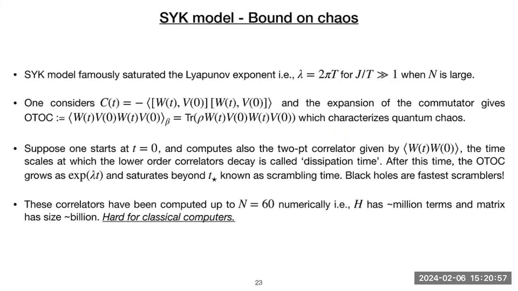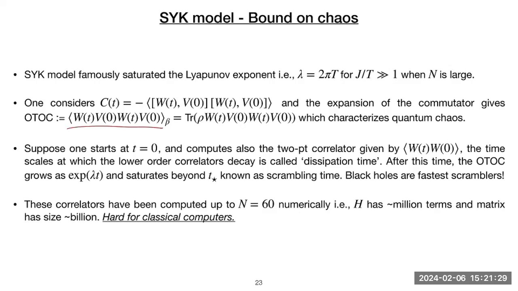Okay, in the last 10-12 minutes I just want to emphasize one of the other things we computed for this case, and that is what we call out-of-time ordered correlators. So one of the nice things about SYK model is that there are certain 4-point correlators which are given here, for example, for some operators W and V, which if you compute and look at some time scales, it grows exponentially.